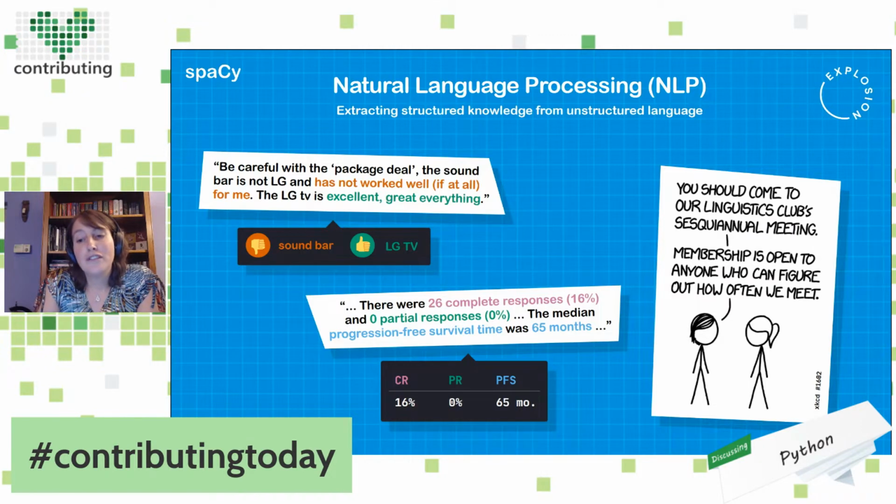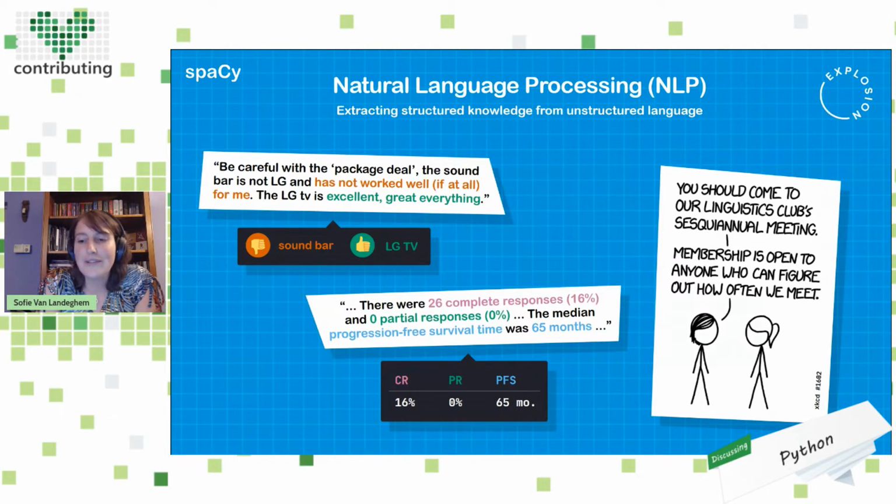But if you want to find out which treatments are better for which groups of patients, you basically want to be able to mine all of those different articles, go through them, bring out the crucial information with NLP, and summarize it in the tabular format that you see here. Once you have that tabular format, it becomes much easier to process that in downstream applications.